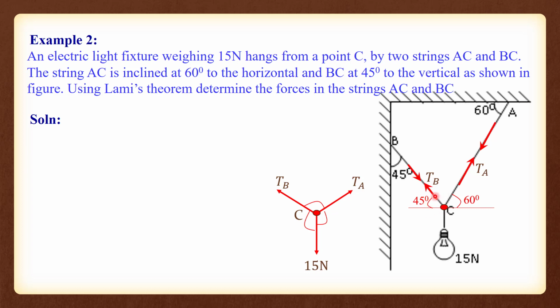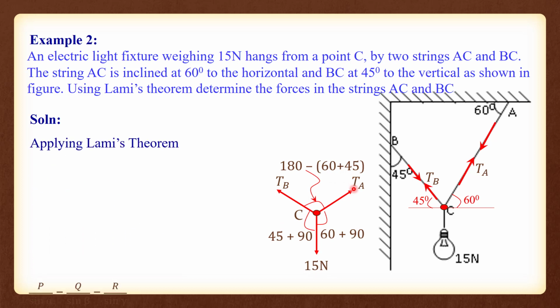Now, how will you find the angle between TB and TA? We know the total angle is 180 degree. So 180 minus, inside the bracket, 60 degree plus 45 degree. That will give you the angle between TB and TA. I have marked all the forces in the free body diagram: 60 plus 90 degree, 45 plus 90 degree, and this angle is 180 minus 60 plus 45 degree.